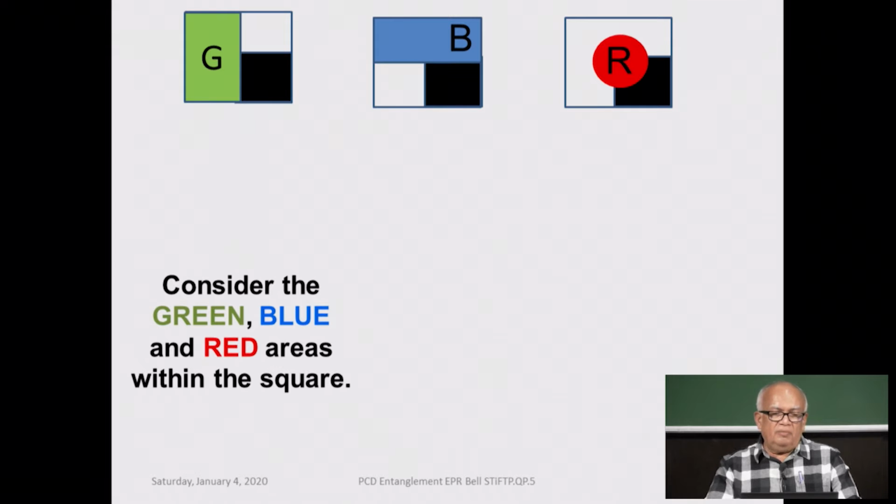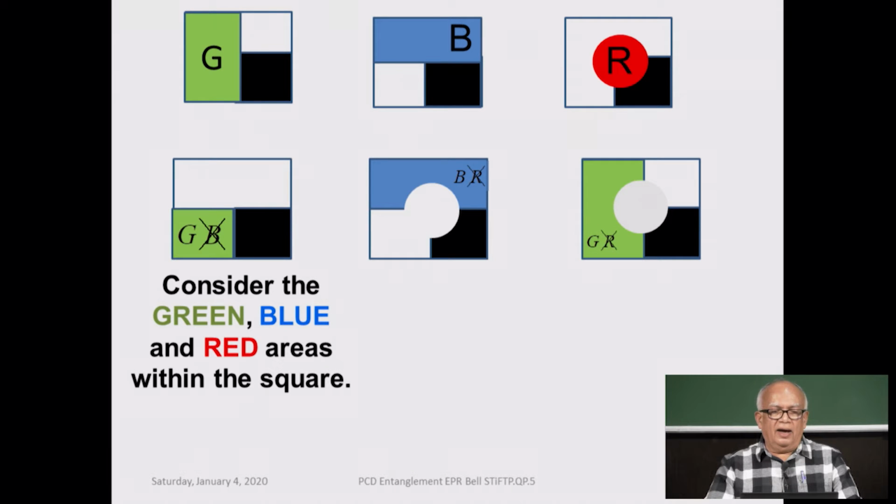Consider the green, the blue and the red areas. The red is a circular area, the blue and green are rectangular. And then if you see, you have a portion here which is part of green but not of blue. Then you have a part of blue which is not a part of red, and you have a part of green which is not a part of red, right?